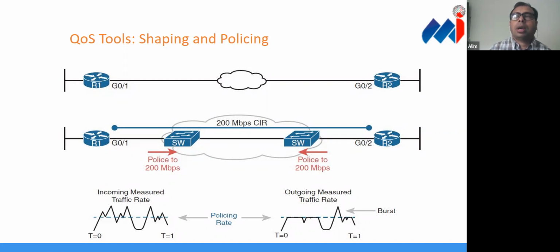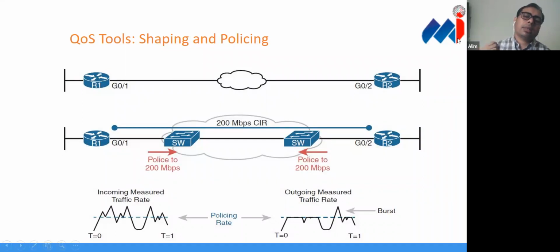Policing means what police do. Police take action on those who are going beyond the limit. In a similar way, here is policing. In the service provider network, they will discard the data that you are sending in excess of the agreed bandwidth.